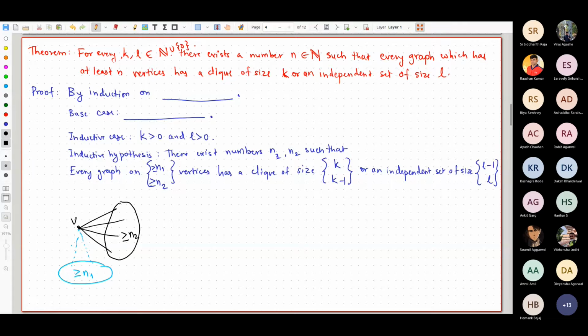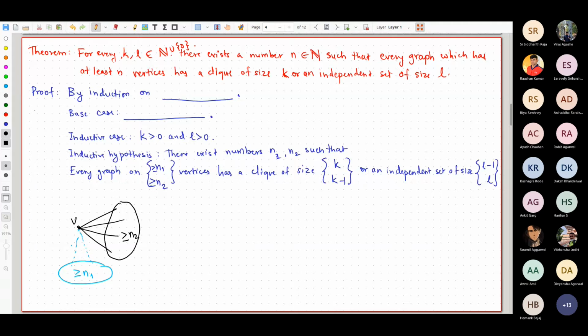If it has a clique of size K minus 1, we add V to that clique and get a clique of size K in the original graph. If it has an independent set of size L, that's an independent set in the original graph, because we are talking about induced subgraphs. A clique in an induced subgraph is a clique in the original graph, and an independent set in an induced subgraph is an independent set in the original graph.